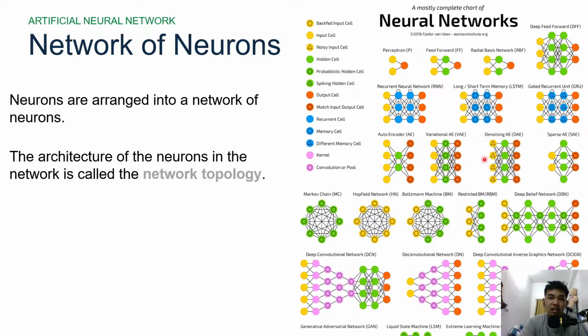So there are a lot of architectures of neurons in the network, and we call that a network topology. So you can use any of these for our ANN. So meron tayong LSTM, GRU, AE, variational, denoising, sparse, and others.